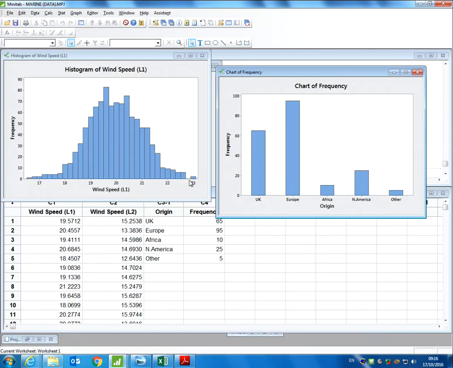But with bar charts you do, and it comes down to the data type. Okay, continuous for the histogram. For the bar chart, it's qualitative, and here it's nominal.